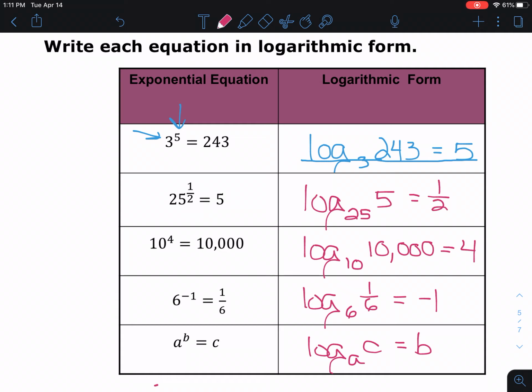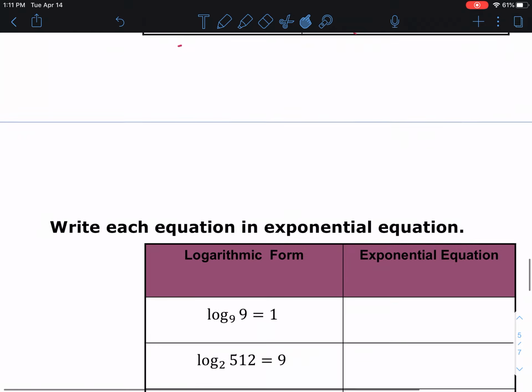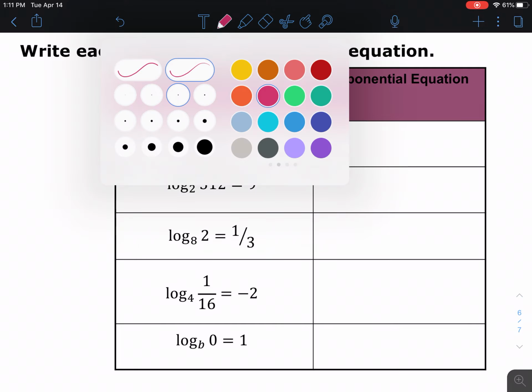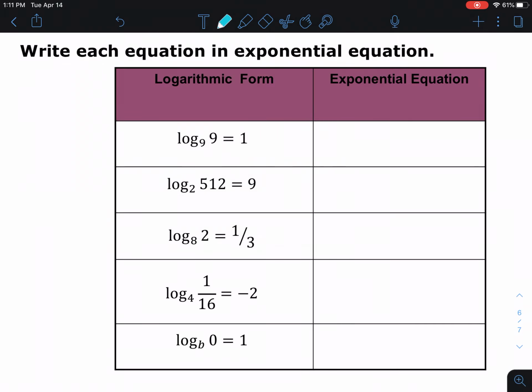Okay, let's try going back the other way. All right, so this is logarithmic form. You're going to write an exponential equation. You should be able to check this after you write that, and you'll see here what I mean in a second. So my base here is 9. That's what I'm going to start with, 9. My exponent is what it equals over here.